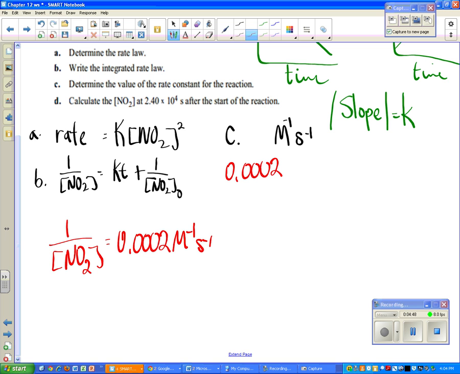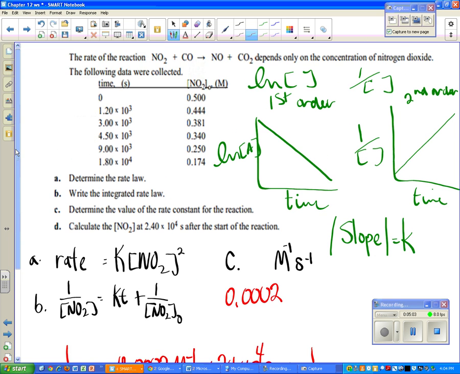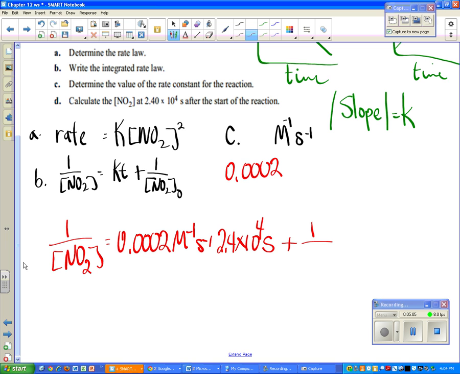And I know time. It tells me my time. And I'm going to add the inverse of the initial concentration. The initial concentration was 0.5, and that's going to be molarity on the bottom, or molarity to the -1.